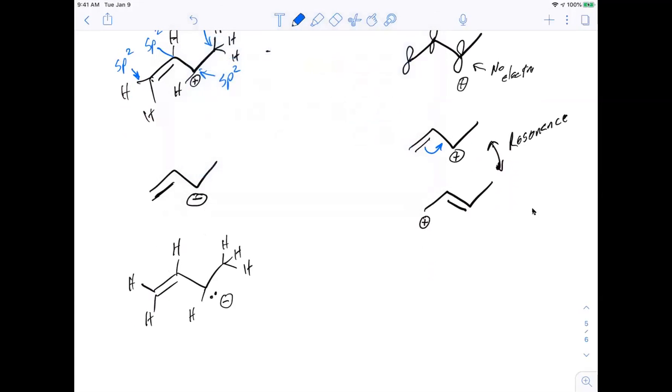We look at our hybridizations: sp2, sp2, here, sp3. Then here, sp2. sp3, sp3. So that extra electron gives me a lone pair. That means I have 3 things to bond to, and a lone pair. I need a space for 4 paired electrons, right? So therefore I get sp3.